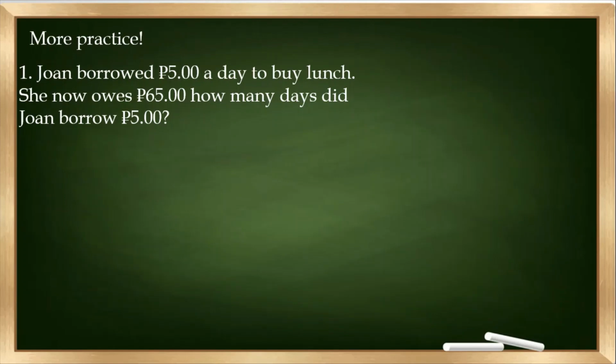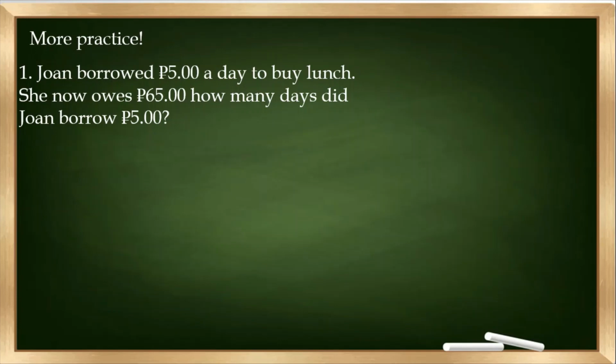Ibig sabihin si Joanne, nangungutang siya ng tig-5 piso araw-araw para makabili ng kanyang makakain for lunch. Then, meron na siyang total na 65 pesos na nautang. Ilang araw daw si Joanne nanghihiram ng tig-5 piso para umabot ng 65 pesos yung kanyang nautang.